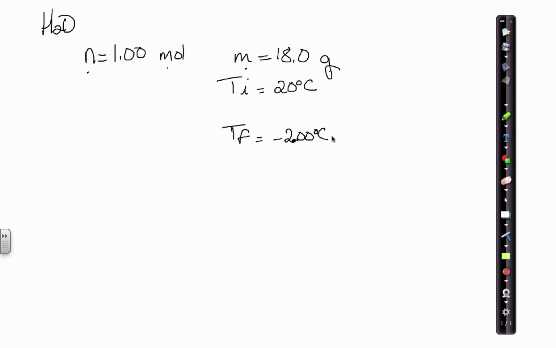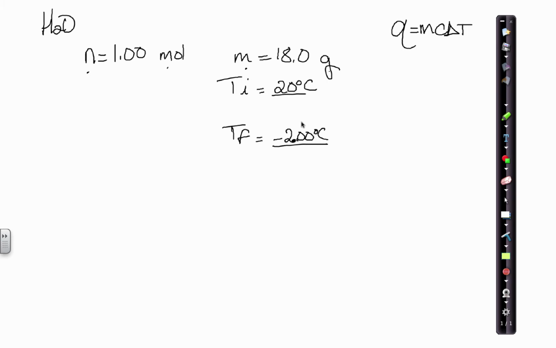All right. Now, we do know that if we're looking for heat energy in a system, we can use this equation. However, if you notice, you go from 20 degrees Celsius to -2 degrees Celsius. So anytime you have one of these types of problems, you need to figure out, did I go through a phase change?